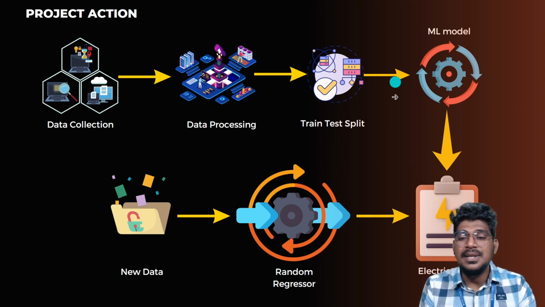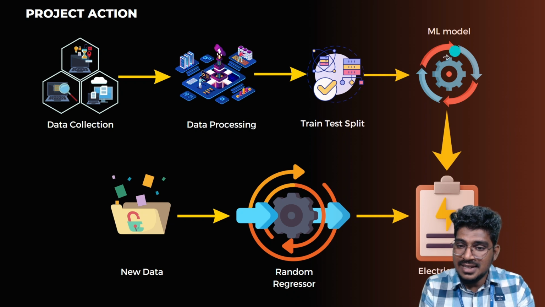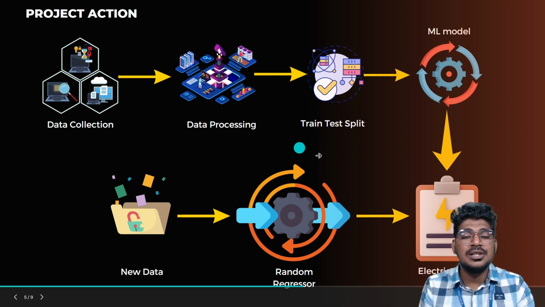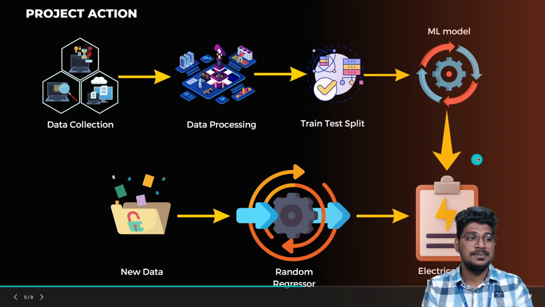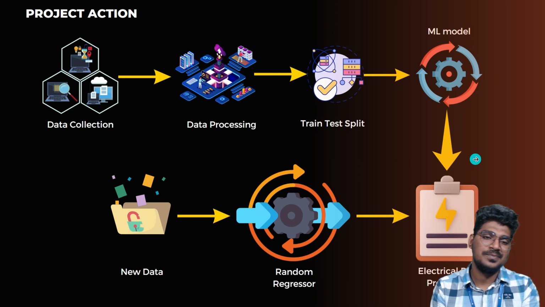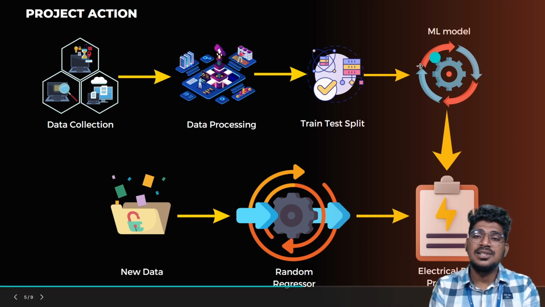Once the training is completed, you can see here when you feed new data to the trained model, that is the random regression model, that particular model will predict the electricity price. That means this is nothing but the trained model.